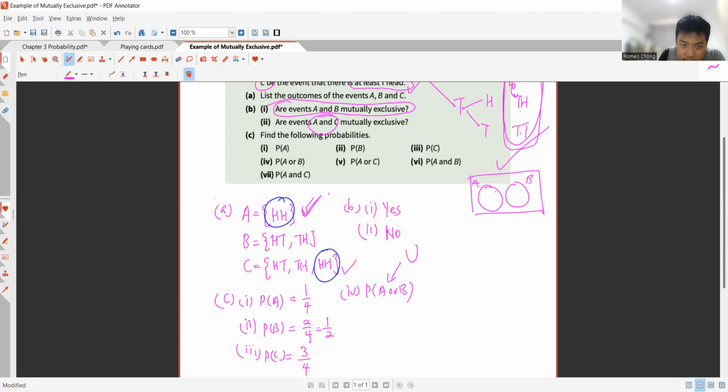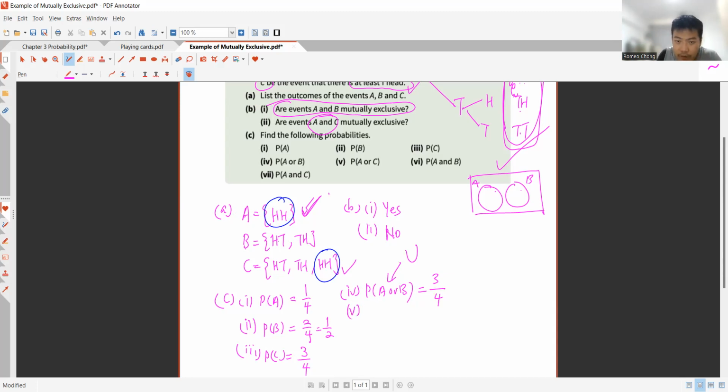A has one element and B has another 2 elements. So there are altogether 3 outcomes, out of 4 possible outcomes. So it's 3 over 4.